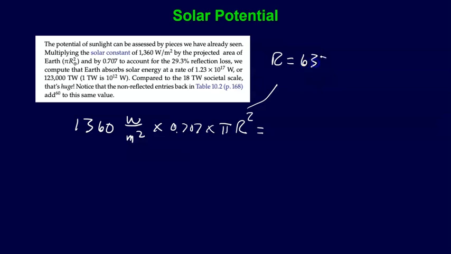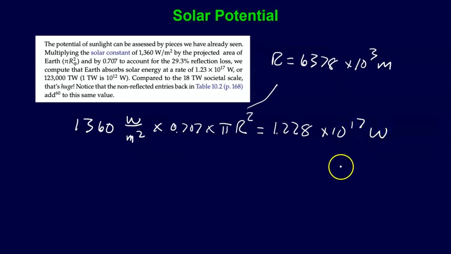So we're talking 6,378 times 10 to the 3 meters, so 6,378 kilometers. When we figure this out, we get this huge number, 122.8 times 10 to the 17 watts.